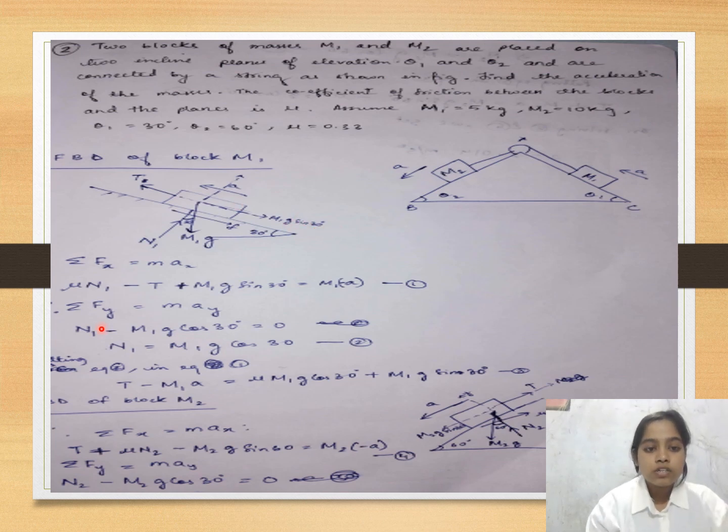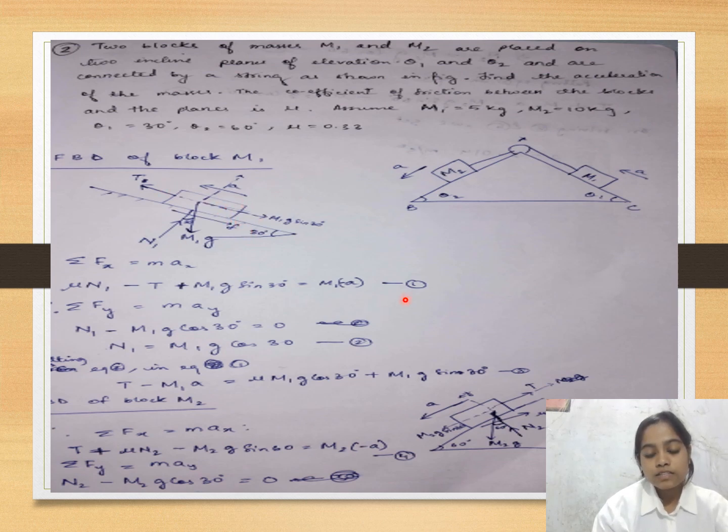So we have the frictional force nu n1, and minus T plus m1 g sin theta, as this one is on this side so it is positive, and this one is the negative part, equal to m1 into minus a, as acceleration is in this direction.